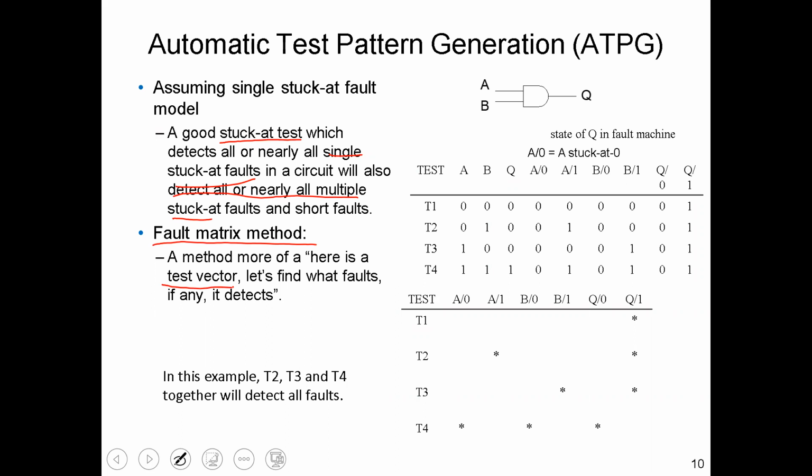Let's consider this single logic gate, and it has three nodes, 2 inputs and 1 output, A, B, and Q. Its truth table, the normal truth table, is shown here. It's an AND gate. Output will be 1 when both inputs are 1. Now, say we apply this test signal 0 0, 0 1, 1 0, 1 1, all the combinations.